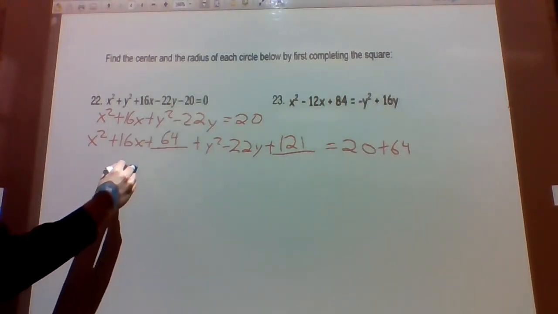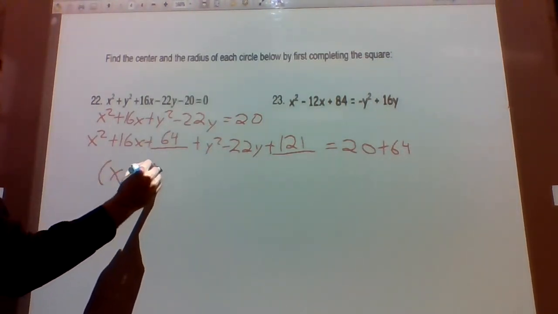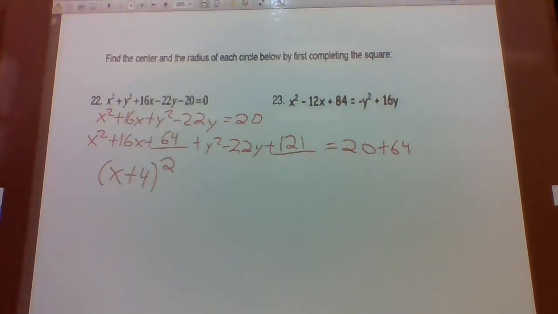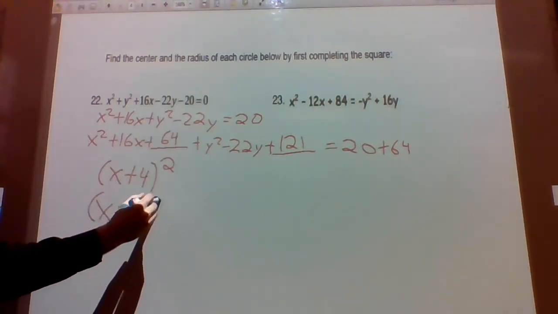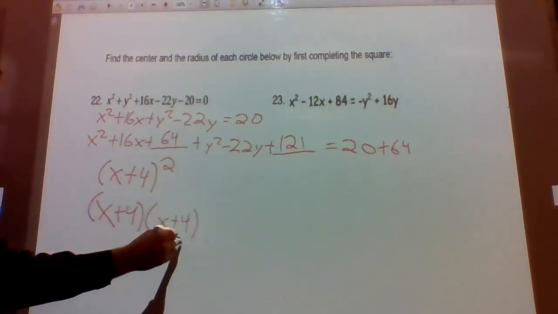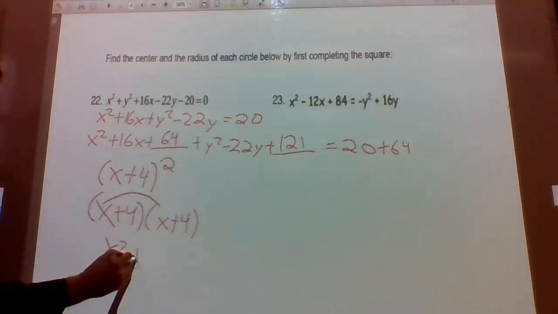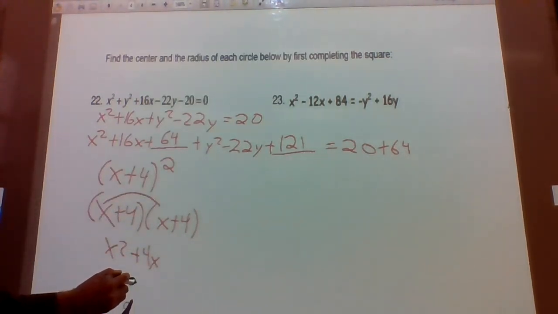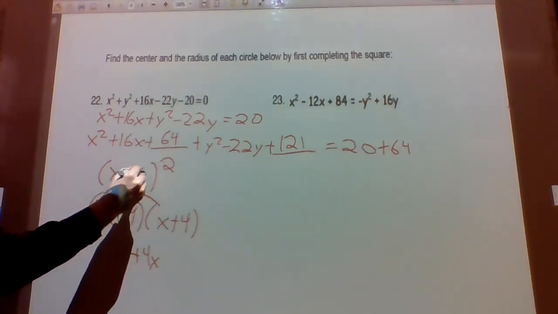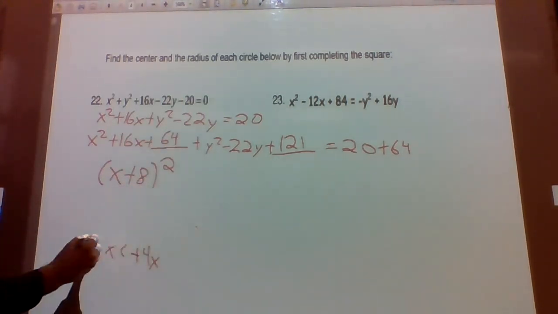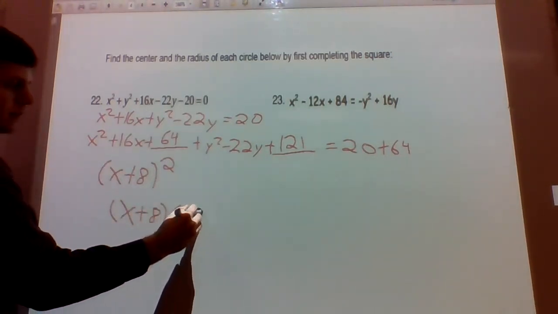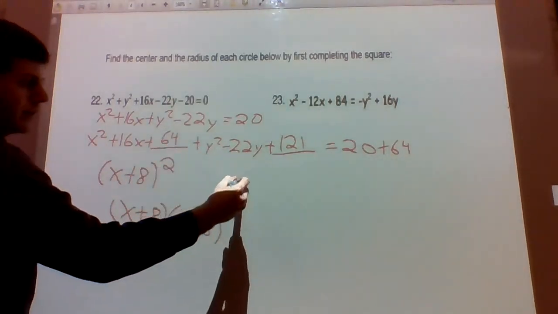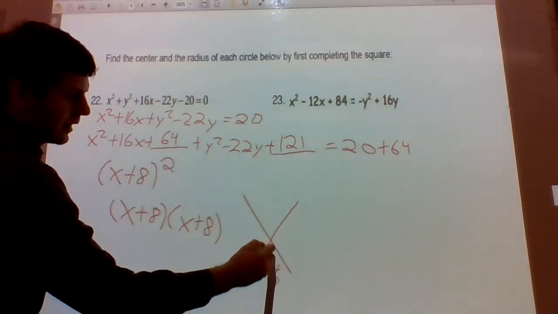So this will factor to be x plus 4 squared, right? Because if we multiply it out, it's going to be x squared plus 4x. Oh, I'm sorry, 8. I don't know what I was thinking there. So it's x plus 8, x plus 8, right? Because it's what multiplies to get 64 and adds to get 16.